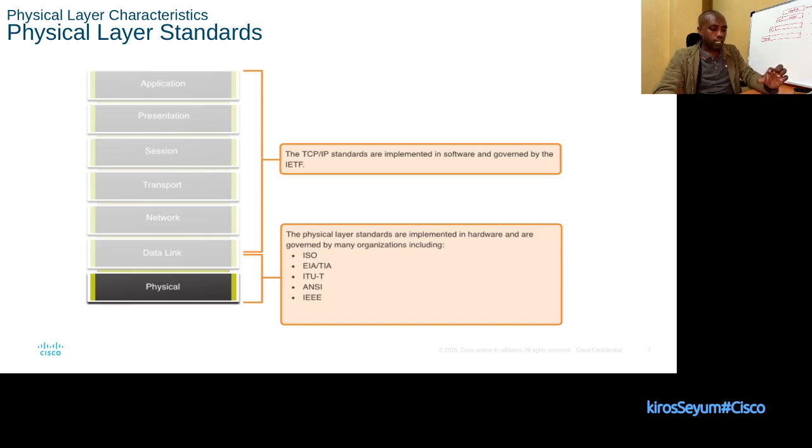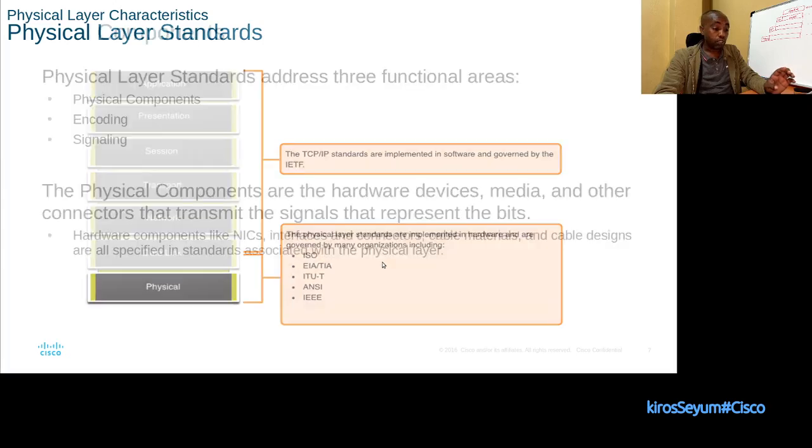So they go from the physical up to the data link, or up to the MAC layer. Sometimes we call it the MAC layer. So from that half of the MAC layer, it goes to the software based, but hardware based, you can see from the physical layer up to the data link. You can implement it in physical devices, or what we call hardware. But above that, you have to implement it in software. Normally, it is implemented in software.